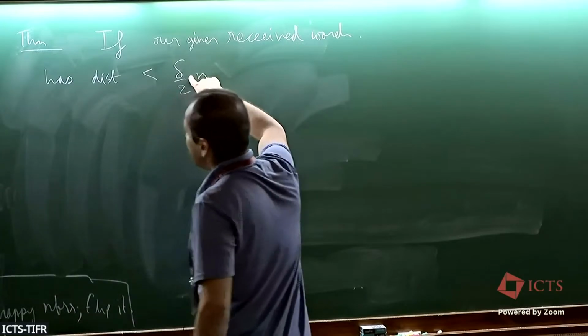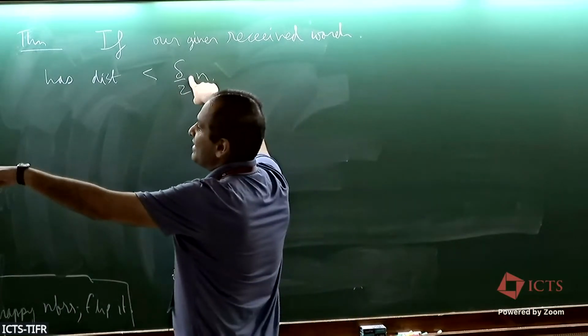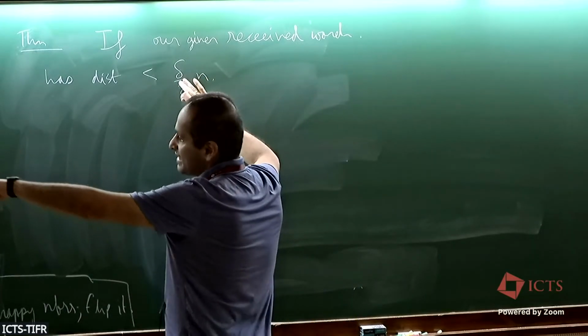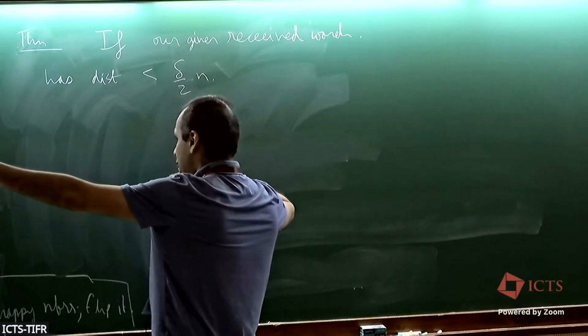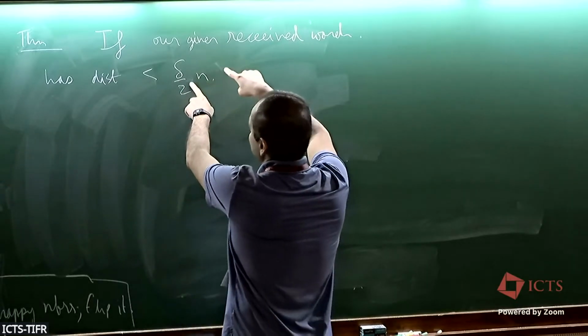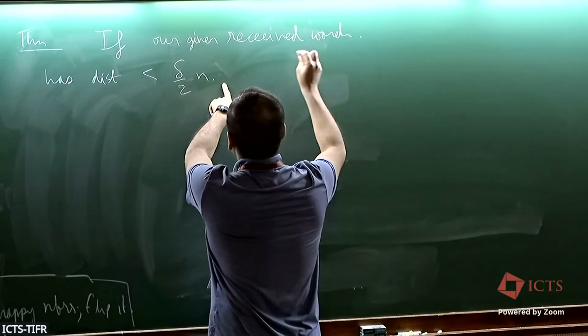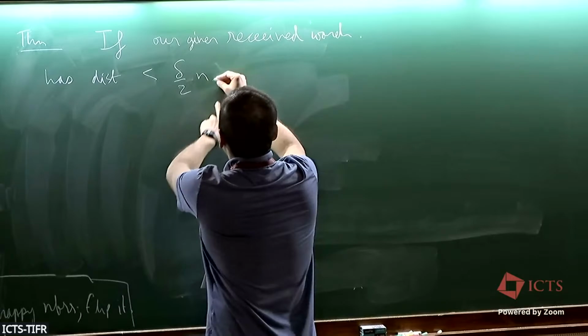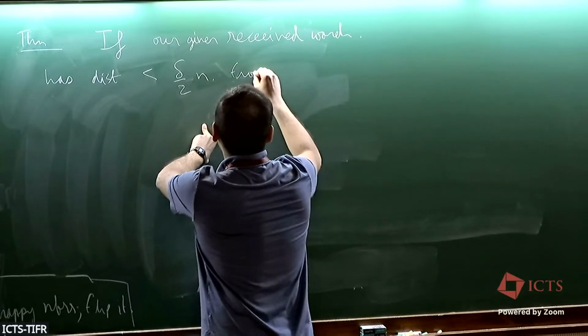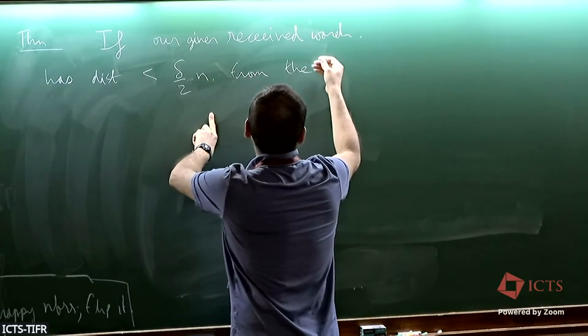Actually, you can do slightly better than that. That's not inconsistent, because the distance of this code is actually more than delta n. So I will prove it for something slightly larger than this. This has distance less than delta over 2 n from the code.